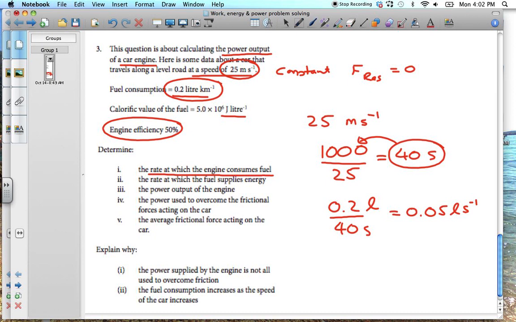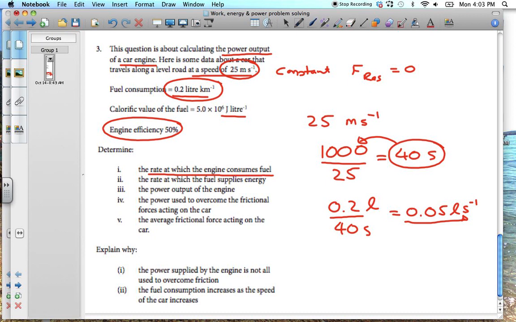I hope you follow that. We saw how long it takes to travel 1,000 meters: 40 seconds. Therefore, we use 0.2 liters every 40 seconds, because it's 0.2 liters per kilometer. Divided by my 40 seconds, I got my fuel usage per second.